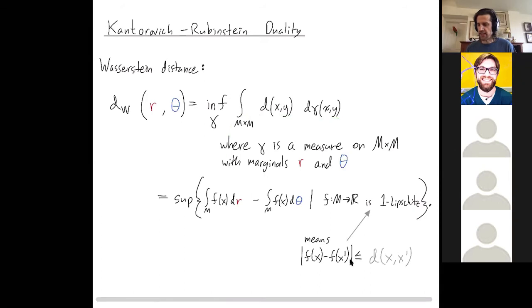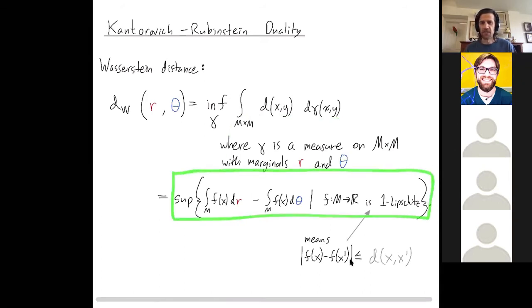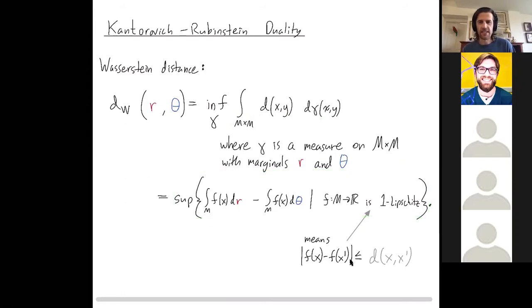It turns out that this is equal to a quite different formula, which I never understood. This is the content of Kantorovich-Rubinstein duality. So this equality here is the content of Kantorovich-Rubinstein duality. Another way to compute the Wasserstein distance is you look at all one-Lipschitz functions on your space and you try to maximize the integral of f with respect to one measure r minus the integral of f with respect to your other measure theta.